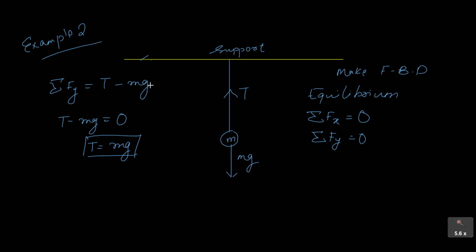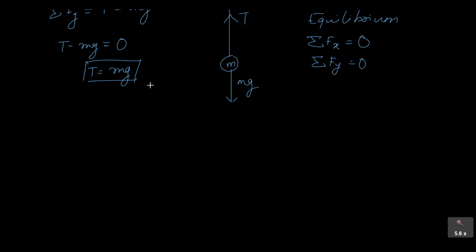If it is moving also, we can write the equation for forces, but that we will do later on. So we can create any kind of example we want. Okay, so let's move on to the next example.